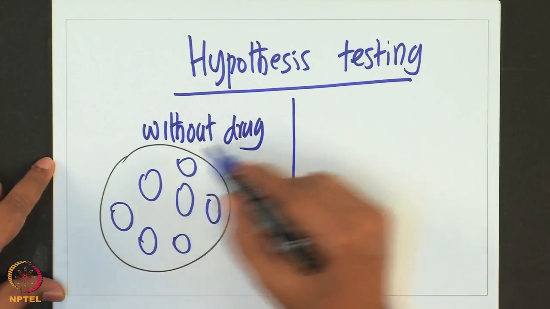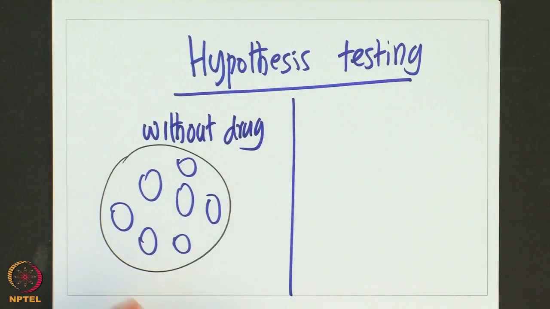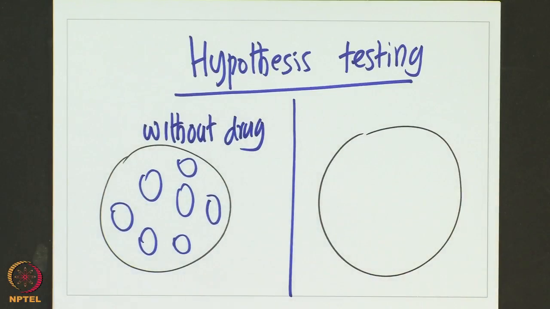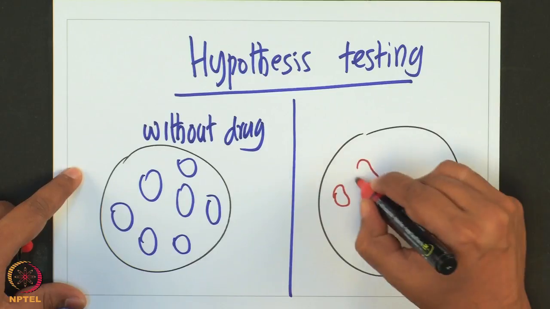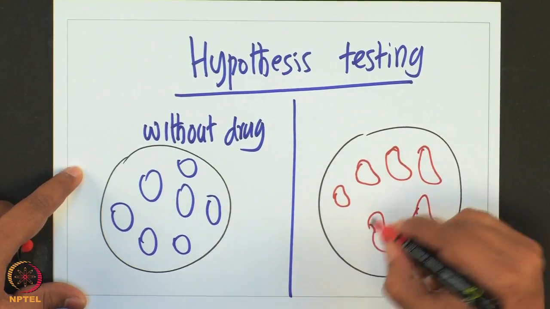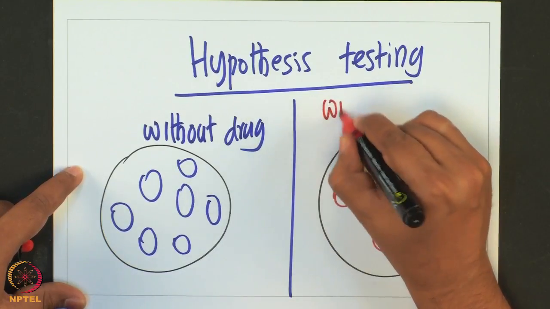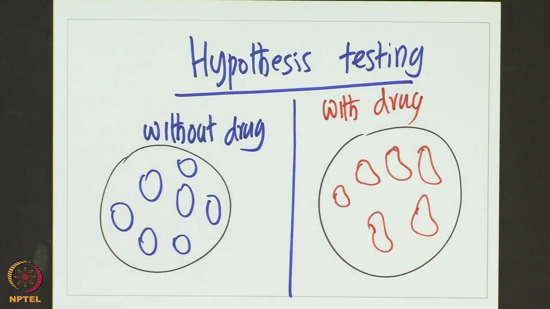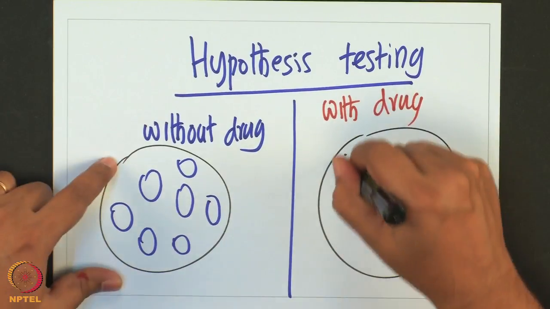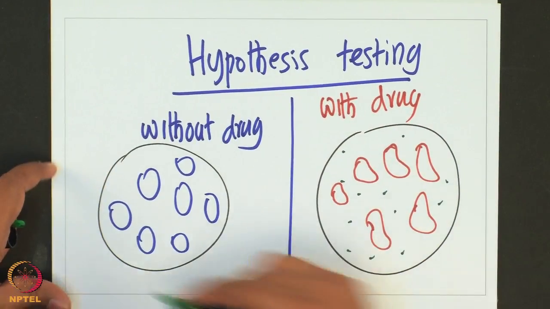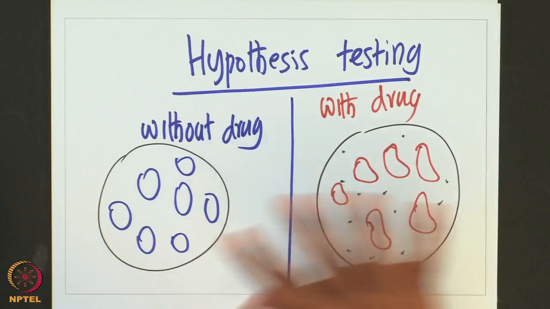So, this could be either without drug, and then you could have cells in another petri dish which will have similar number of cells. Now, after giving some drug, so you would add some amount of drug here in this, and here you will not have any drug, just the medium.